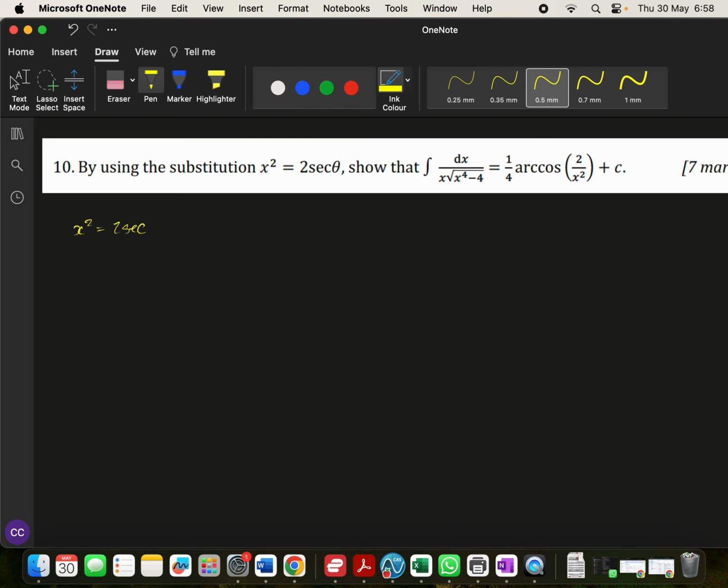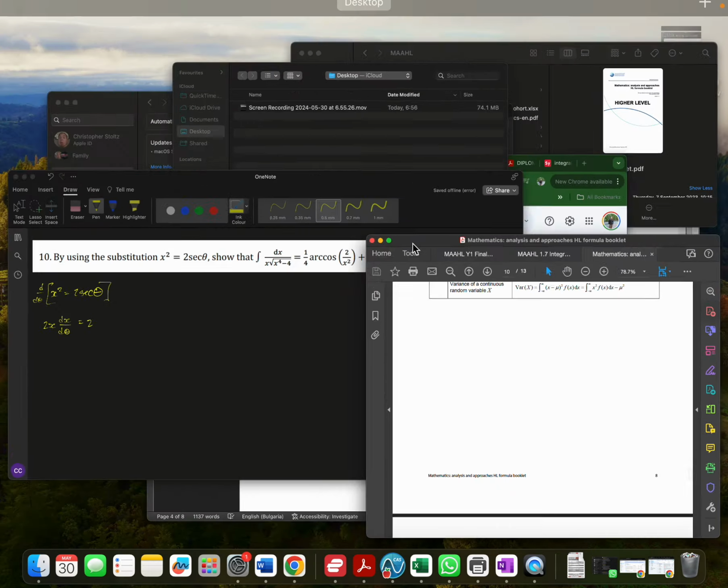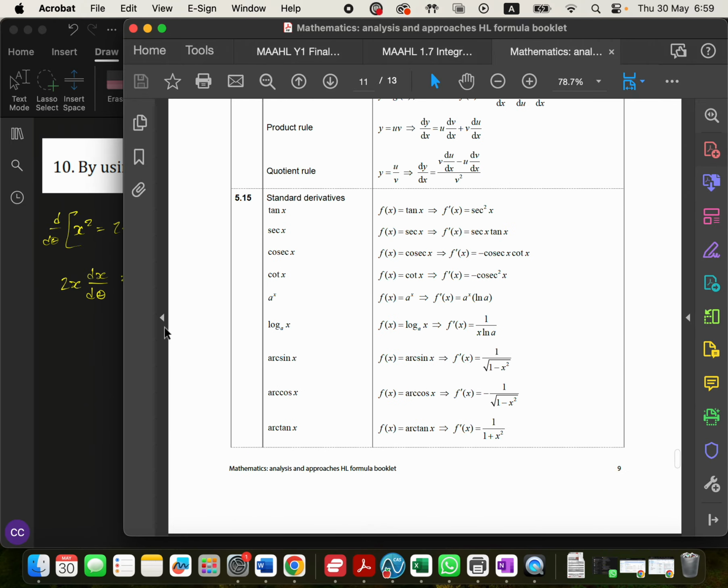secant, sorry, theta, then if I take the derivative of this, d theta of this whole thing, I would get 2x dx d theta is the same as 2, well, the derivative of secant theta, if we don't know it, we can use our formula booklet, but it should be secant theta tangent theta, yeah.